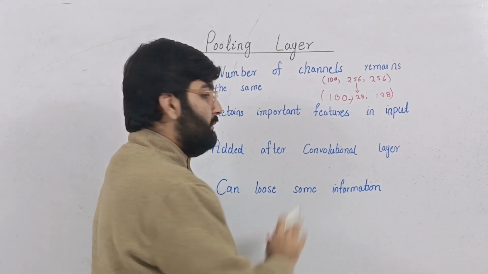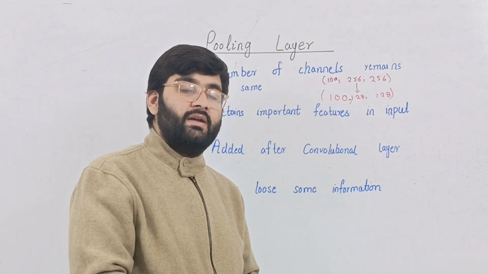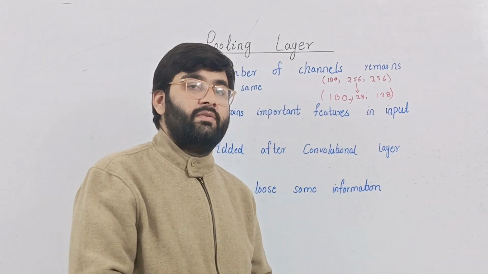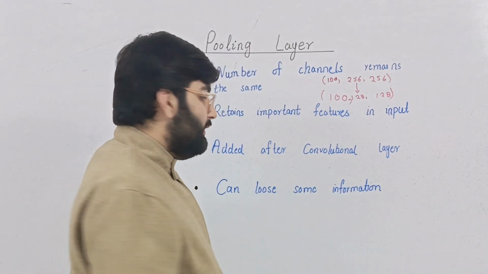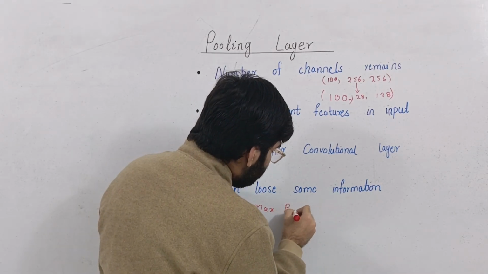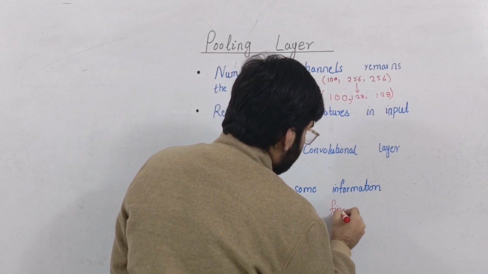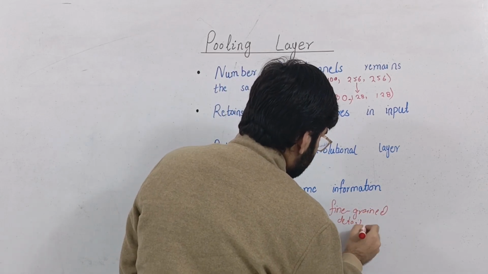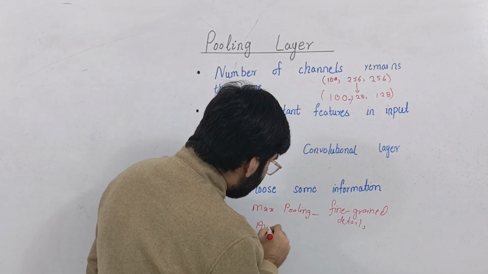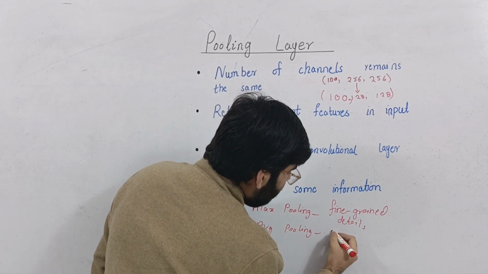We can lose some important information in the pooling layer because it is shrinking the size, it is losing details. The max pooling might lose fine grained details. The average pooling might blur features.